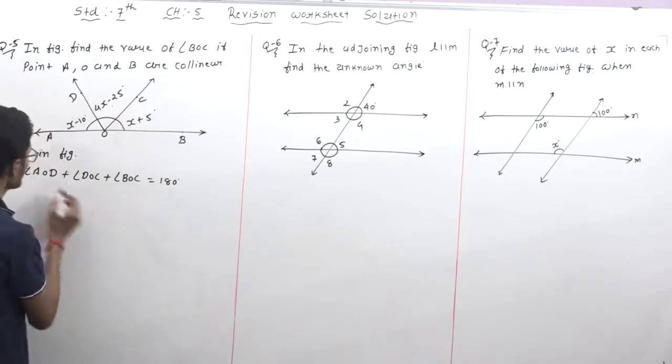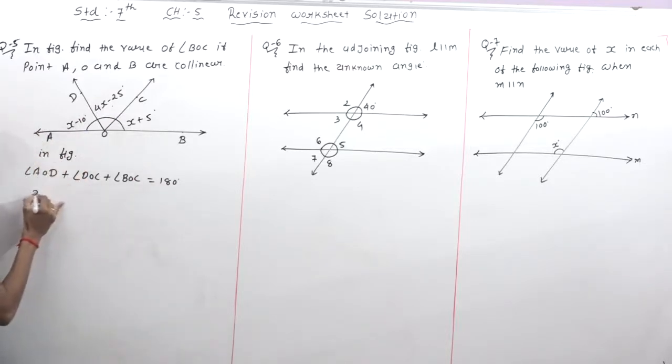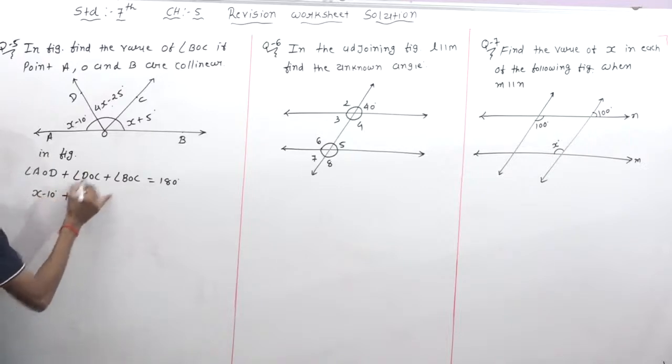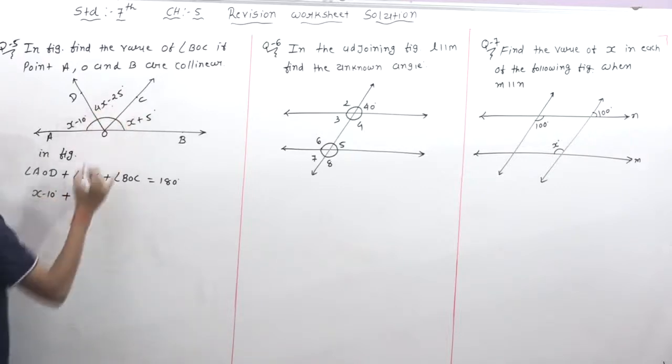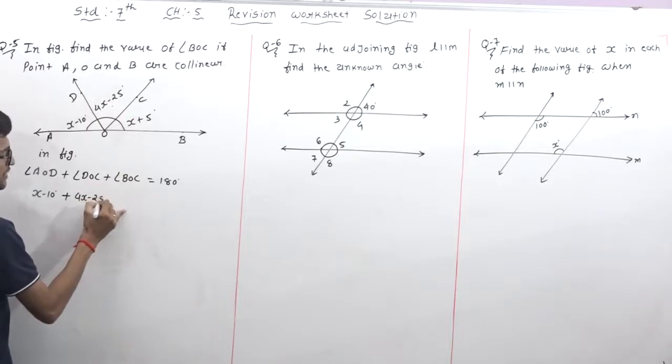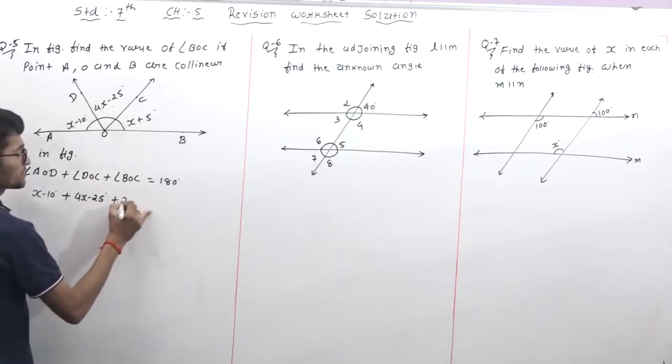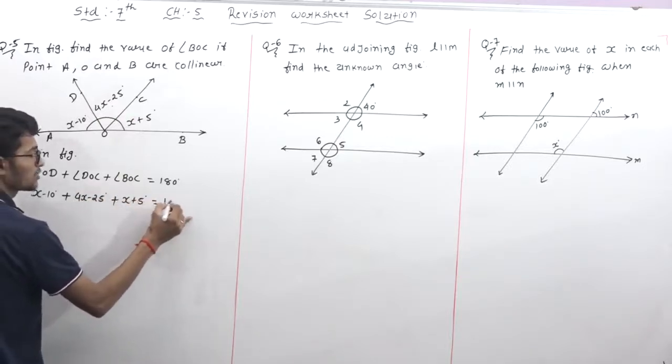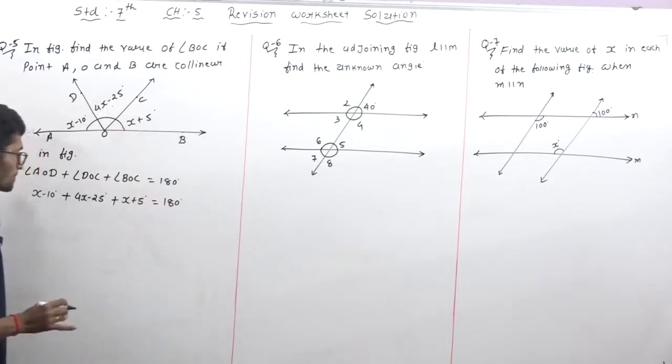Okay? Now angle AOD means x minus 10, plus DOC, which means 4x minus 25, plus BOC, which means x plus 5, is equal to 180. Okay?